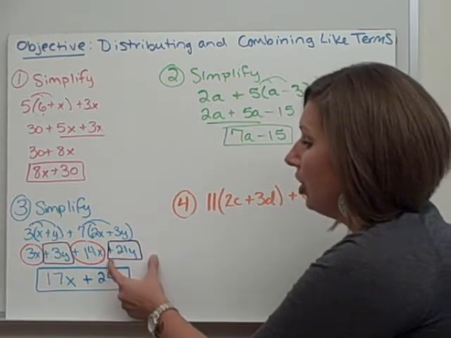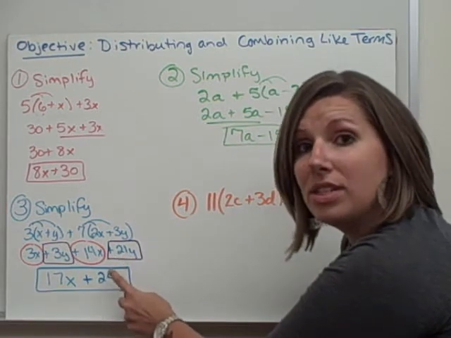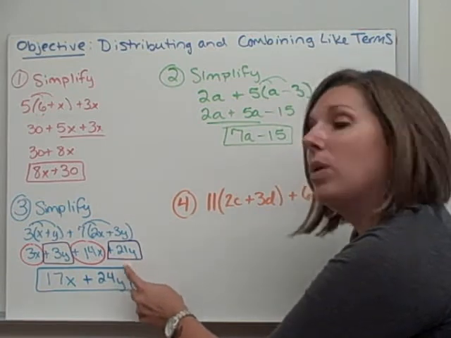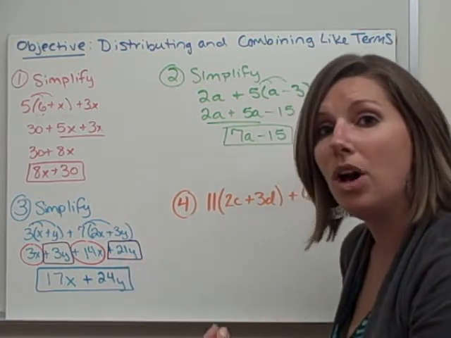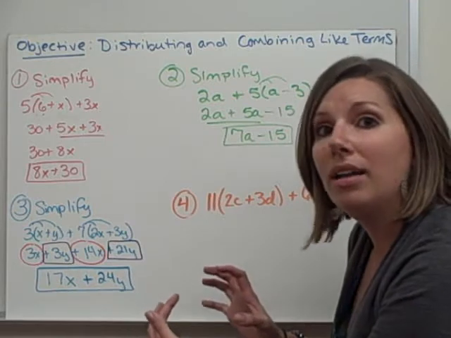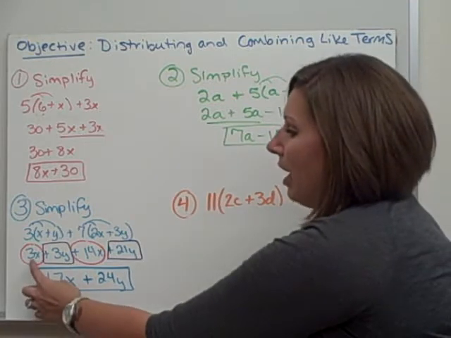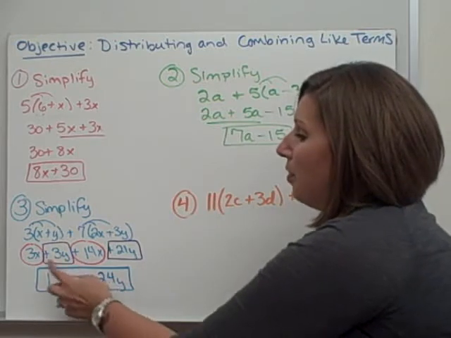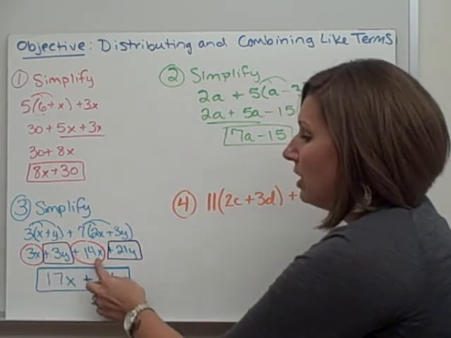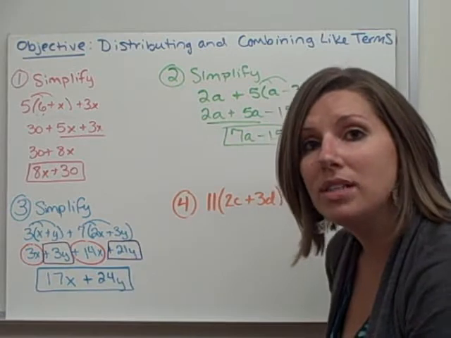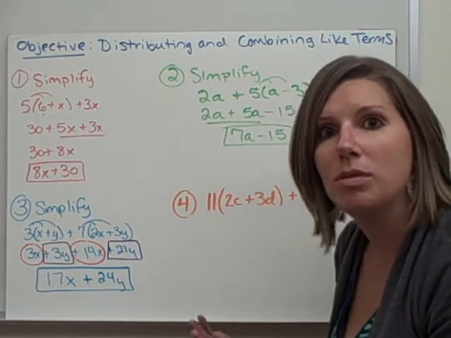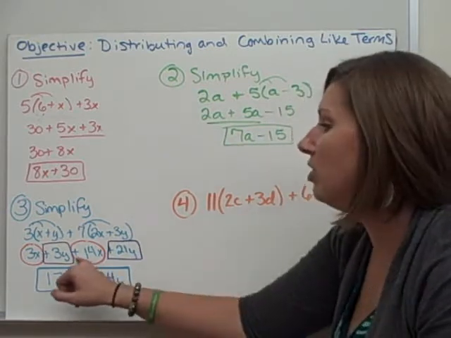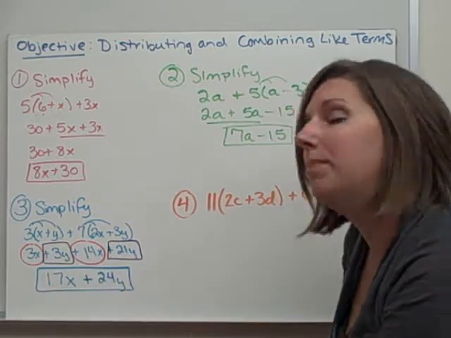So in this last term, I boxed the addition sign that came before the 21y because that helps me know how to combine. For example, 3x, that's a positive 3x, and I have 3x plus 14x. If I didn't circle that plus sign, I wouldn't know whether to add them or subtract them. So that information is critical to our problem.